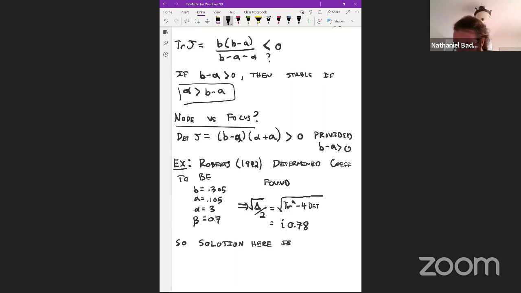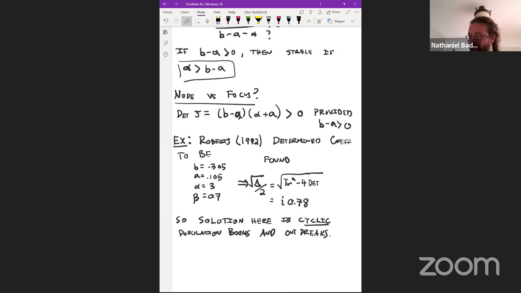Here, it's cyclic. What that means is that it's predicting cyclic outbreaks, cyclic population booms and outbreaks. And in fact, this imaginary part gives us the period, right?